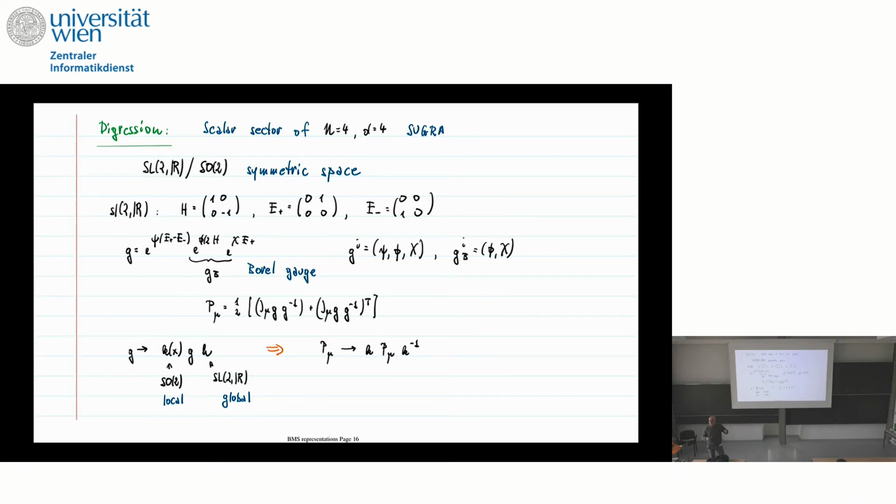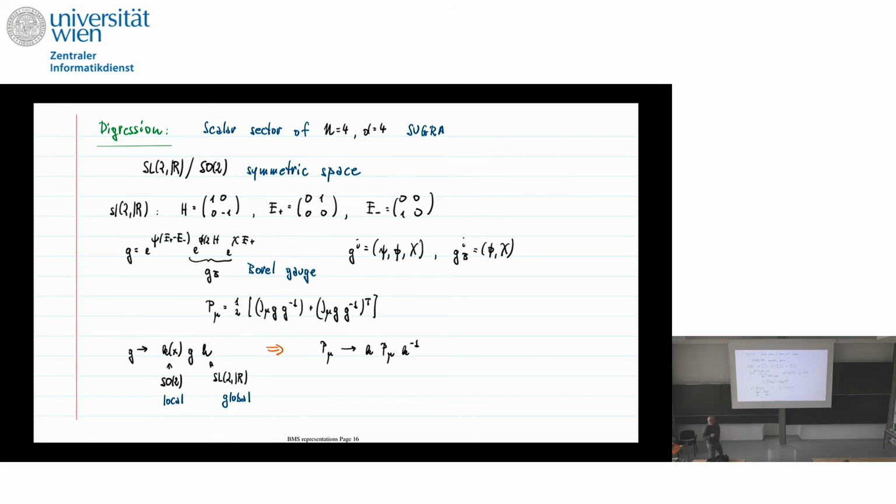But here, I thought it was worthwhile to put it in a bit larger context because this is a nice chapter of mathematical physics that I was studying, so I wanted to show it to you. Okay, also, of course, these things are known basically in the supergravity literature because one of these sectors of supergravity uses this kind of action for the group SL2R over SO2, because this is the axion dilaton system.